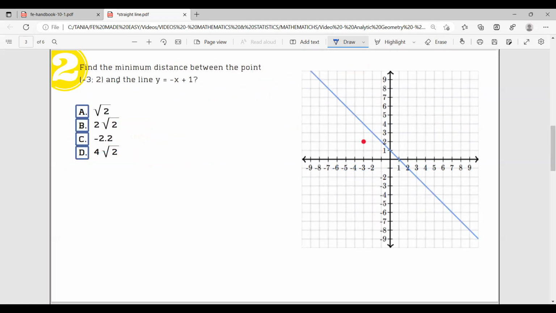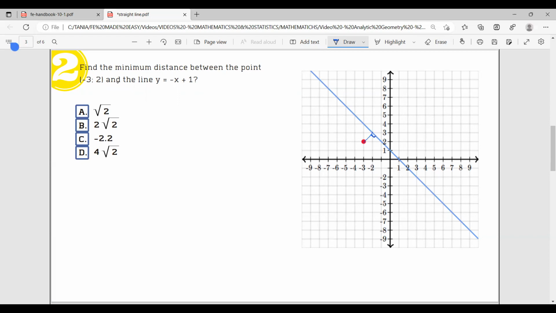Find the minimum distance between the point minus 3, 2, and the line y equals minus x plus 1. So first, we have to understand what the minimum distance between the point and the line is. And of course, this is the distance that falls perpendicular to this line, right?